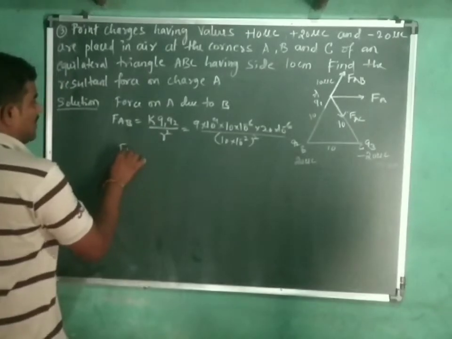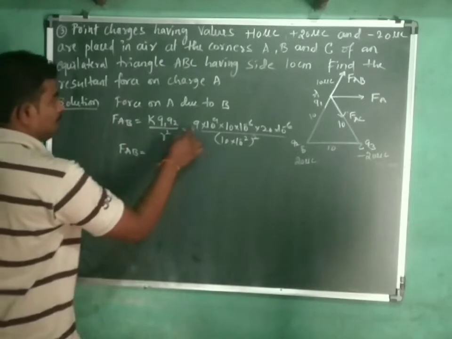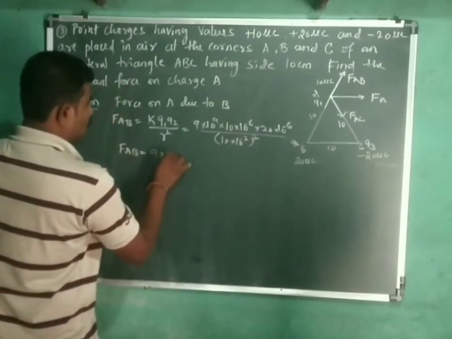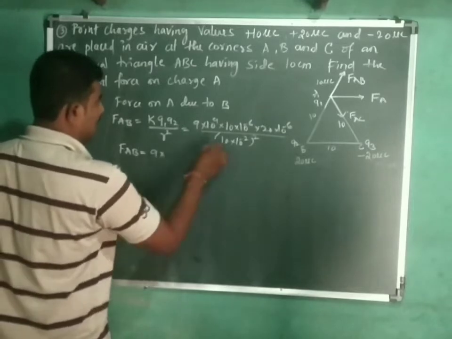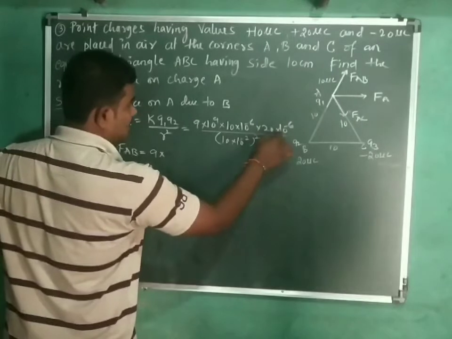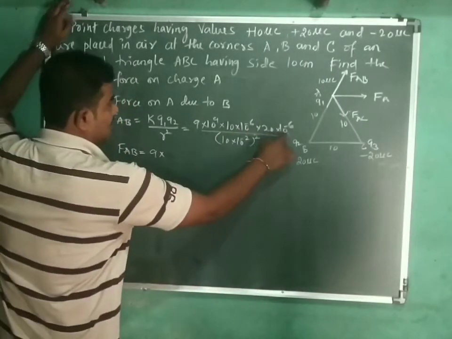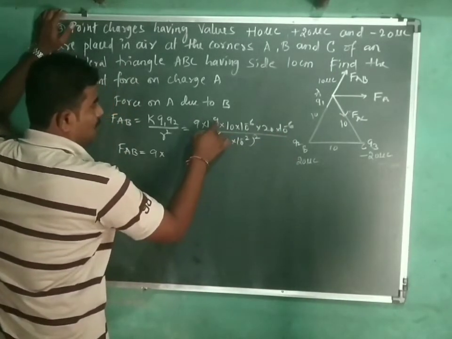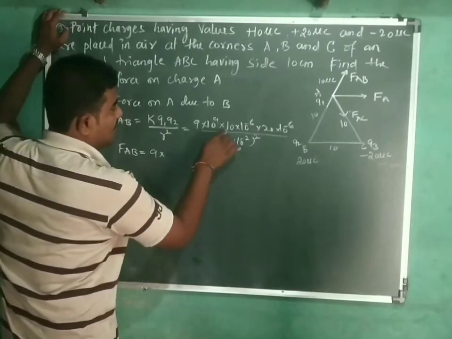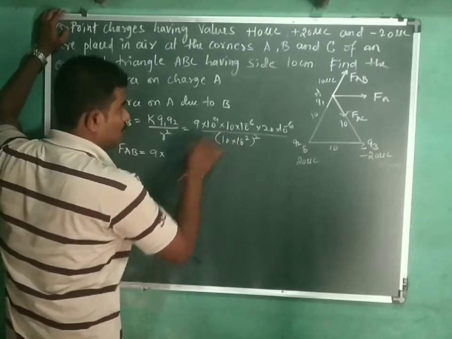So FAB is equal to 9 into 10 to the power 9, into 10 to the power minus 6, into 20 into 10 to the power minus 6. Powers: minus 6 minus 6 is minus 12, minus 12 plus 9 is minus 3, minus 3 plus 10 is minus 2.